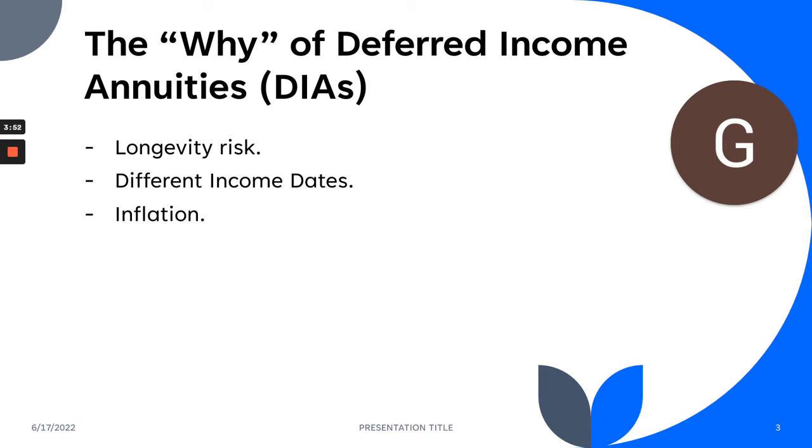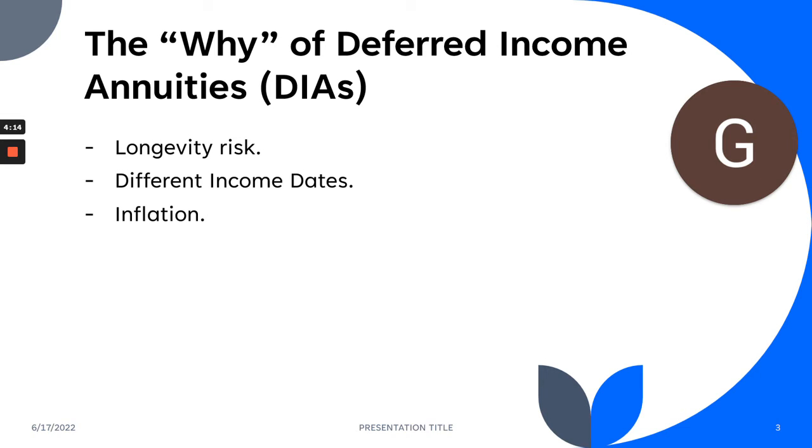There are different income dates with a DIA that you don't have with other types of income annuity or even deferred annuity products. What I mean by that is sometimes deferred income annuities in the market allow you to exercise a rider, which is called an income payment rider a lot of times.